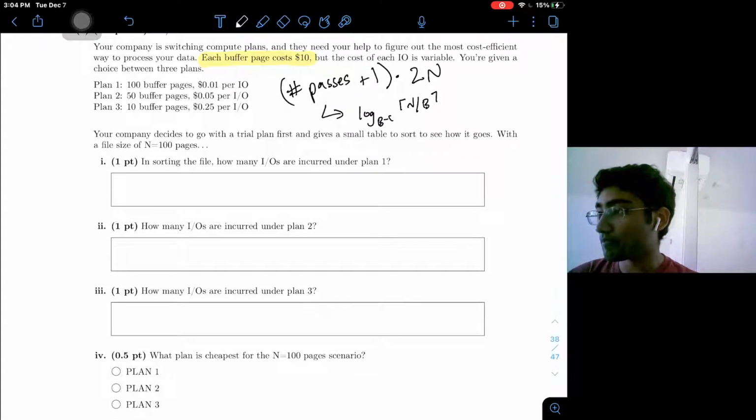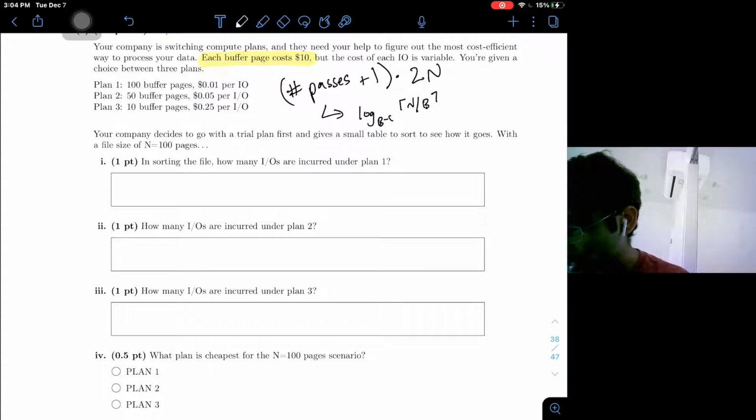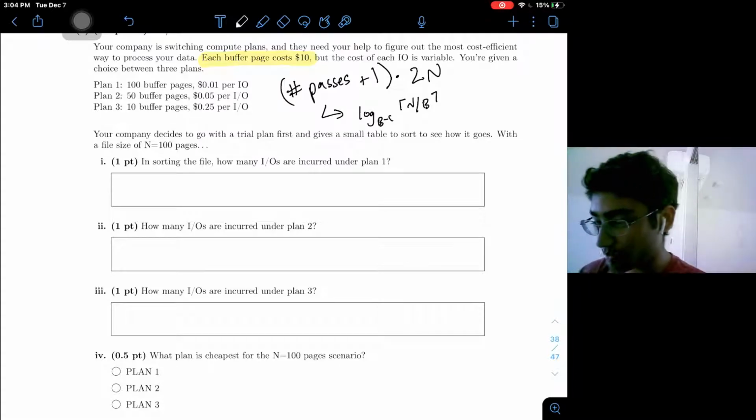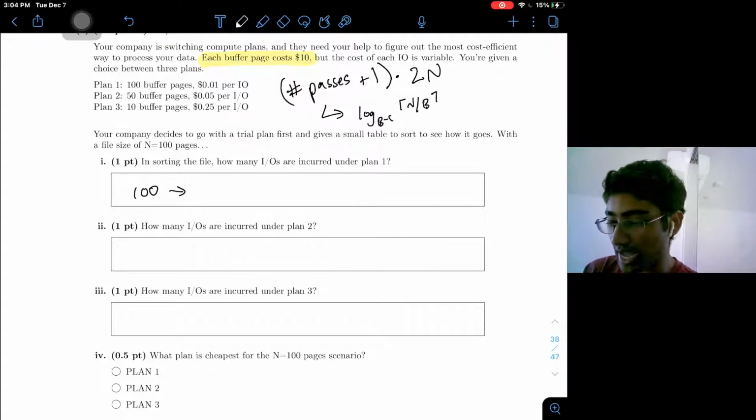So in part I, we're asked to figure out how many IOs are incurred under plan 1. In plan 1, what will happen is we'll read in the 100 pages, and then that will just get sorted in memory because we have B equals 100. So this sort happens in memory. This is the conquer phase.